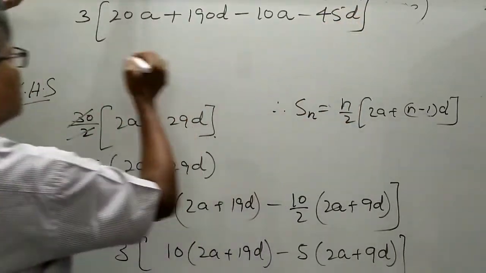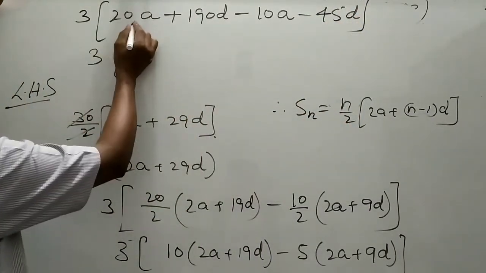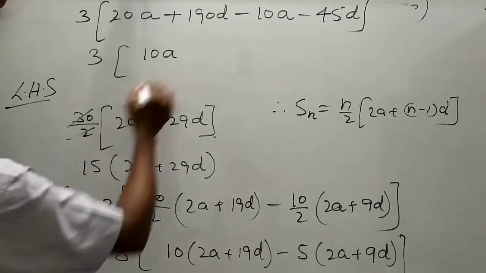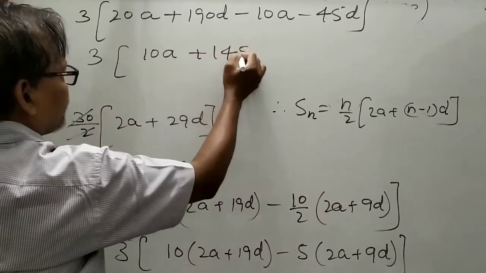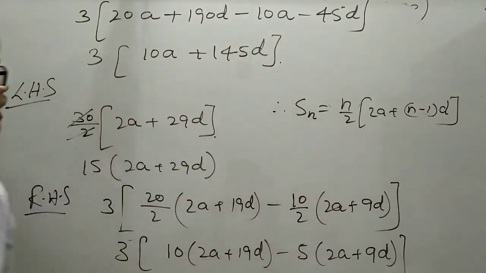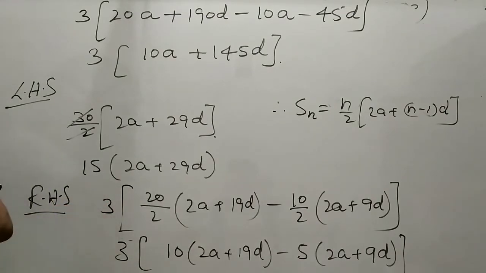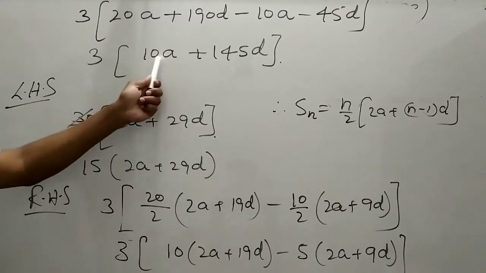Then simplify more: 20a, 10a, 10a, 190d minus 45 means plus 145d. Can you say this part is equal to the right hand side?